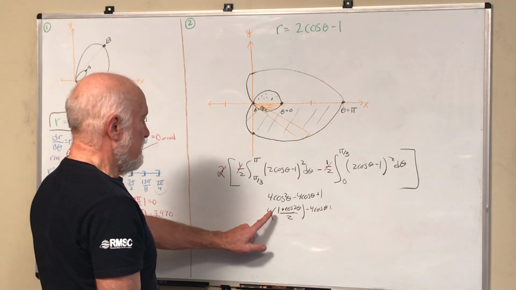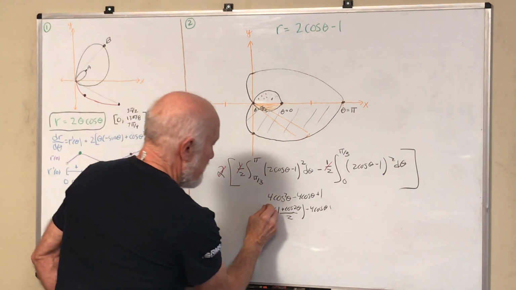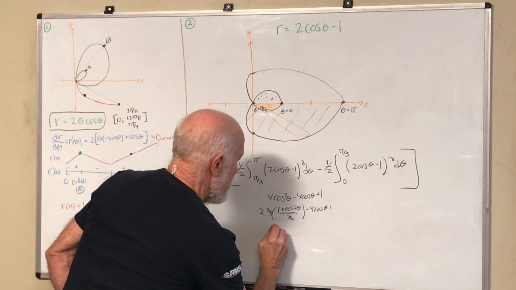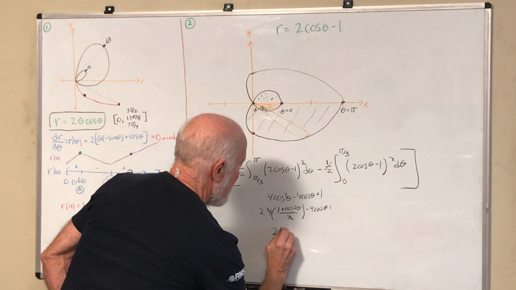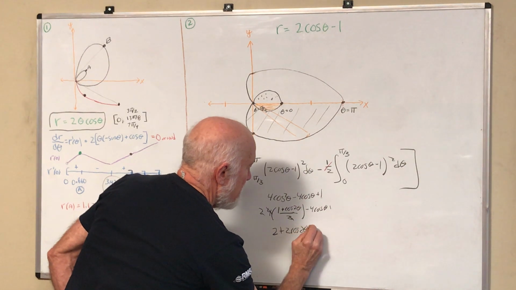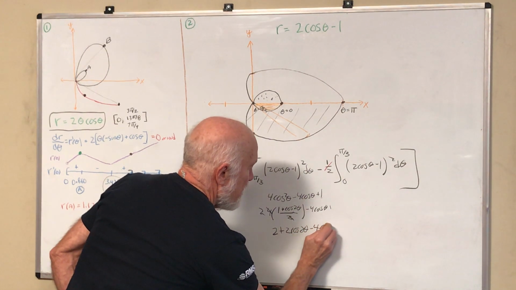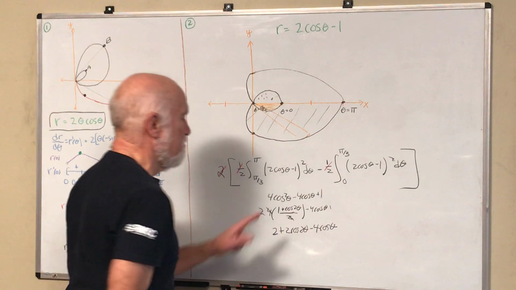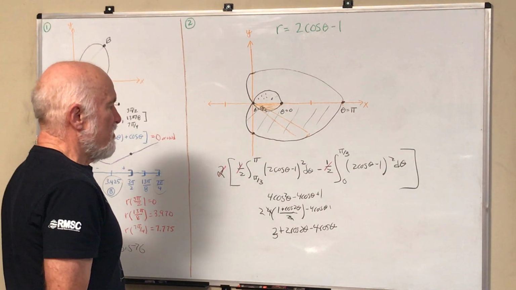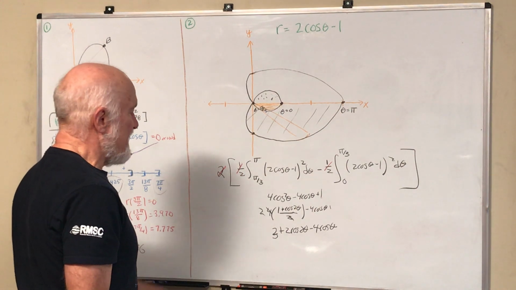So make that 2, and you get 2 plus 2 cosine of 2 theta minus 4 cosine of theta plus 1. So that makes that 3. So now that's what I have to take the antiderivative of.